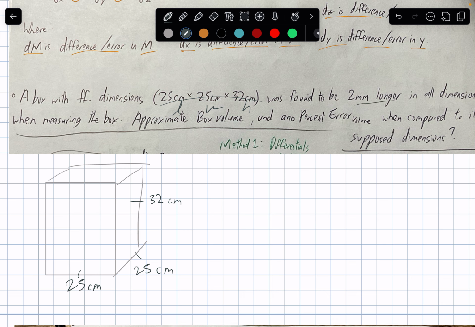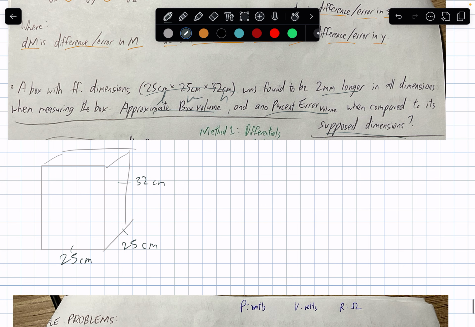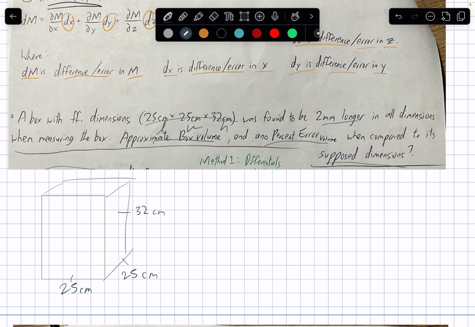So when you add 2 millimeters in each of these measurements, that makes the actual measure of the box. So approximate the box volume and identify what is the percent error of the volume when compared to its supposed dimensions. So how do we apply total differentials in solving this kind of problem?